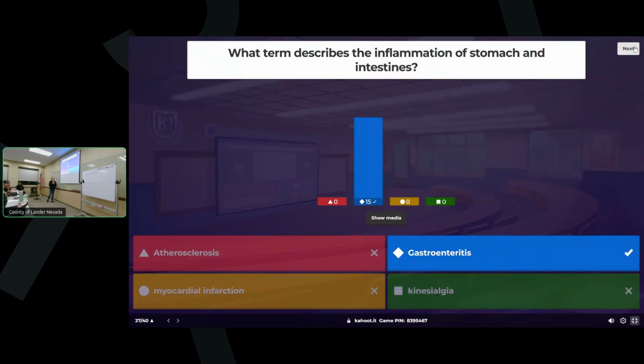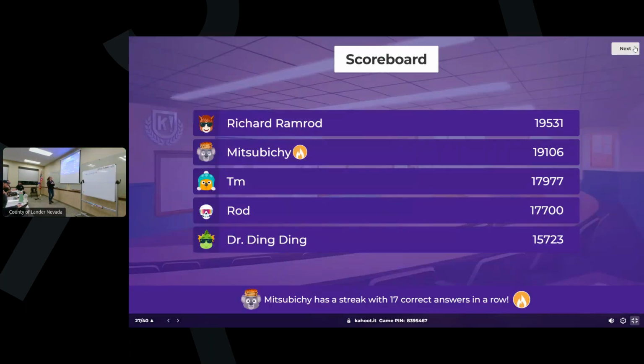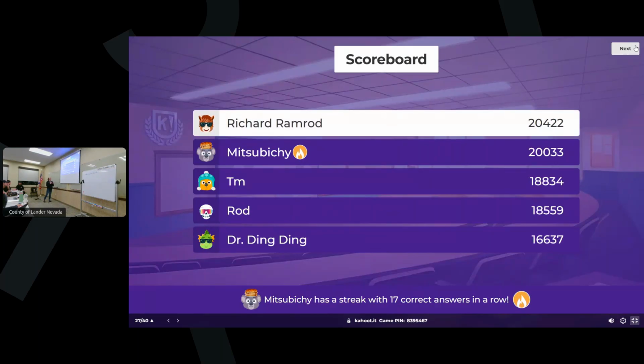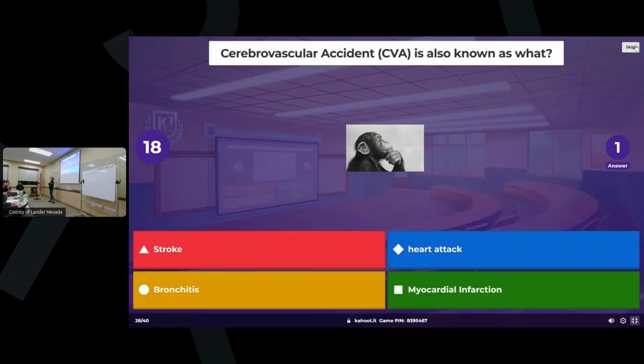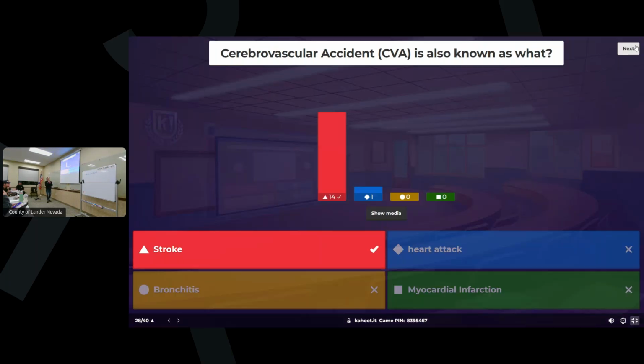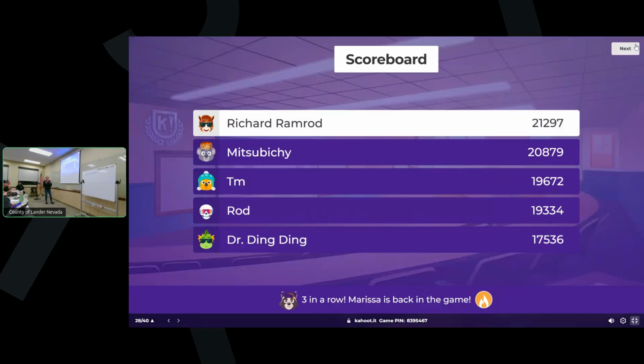Good, gastroenteritis. Cerebrovascular accident, or CVA, is also known as what? Good job. So cerebral, brain in the head, right? Vascular, meaning the veins, and then accident, apparently it's an accident, I don't know.